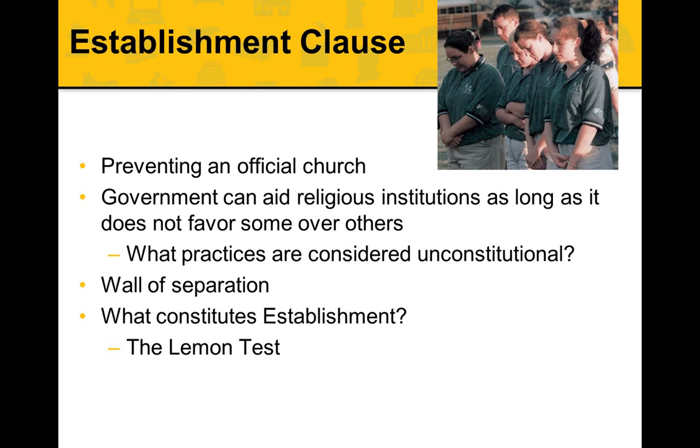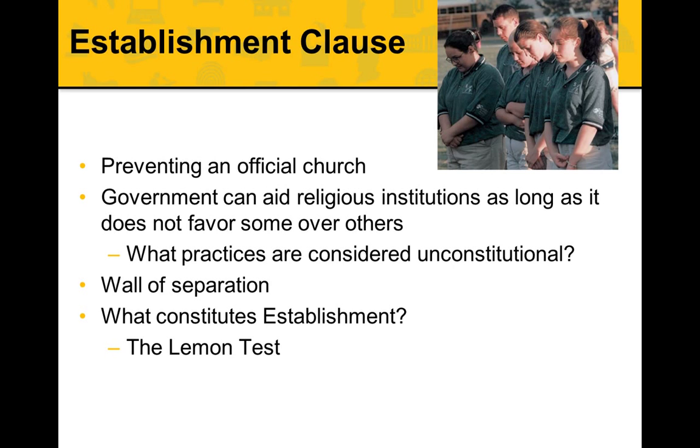The Lemon test says that whatever aid is being given has to be, number 1, for a secular purpose. A secular purpose, secular meaning non-religious. So that's the first part of the test. The second part of the test is that the aid's effect was neither to advance nor to inhibit religion.